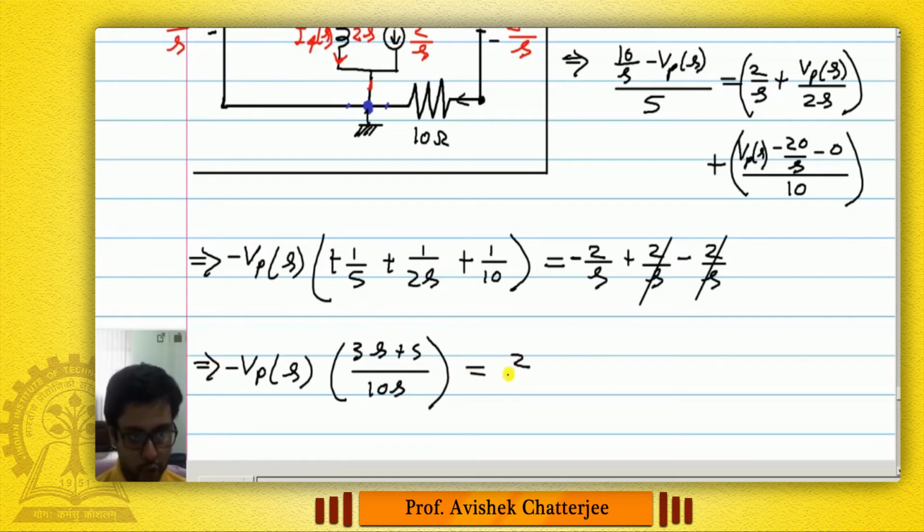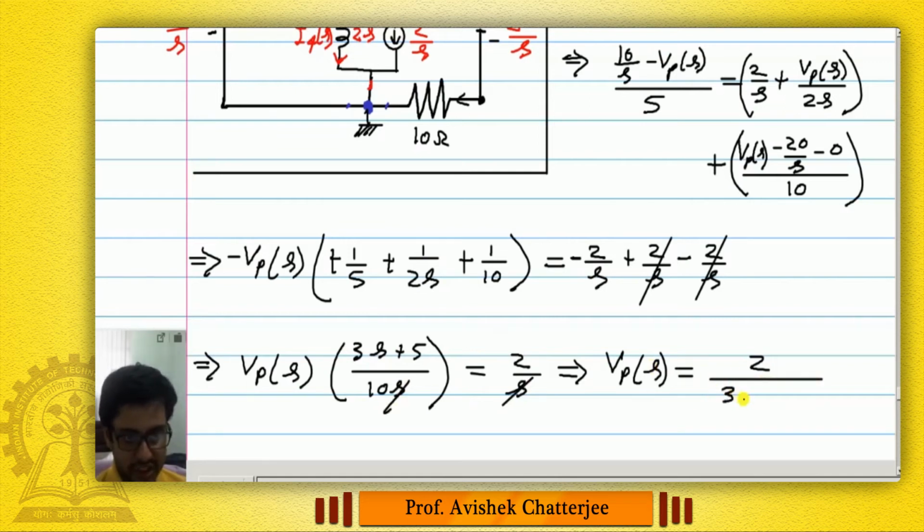This is equal to 2 by S, the minus goes away. This implies VPS is equal to 2, and this S cancels, divided by 3S plus 5, multiplied with 10, 20.